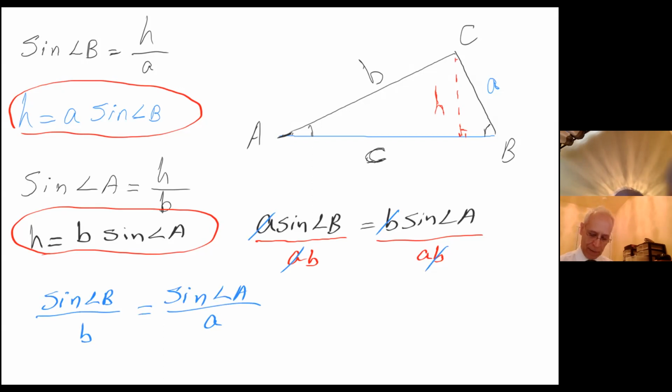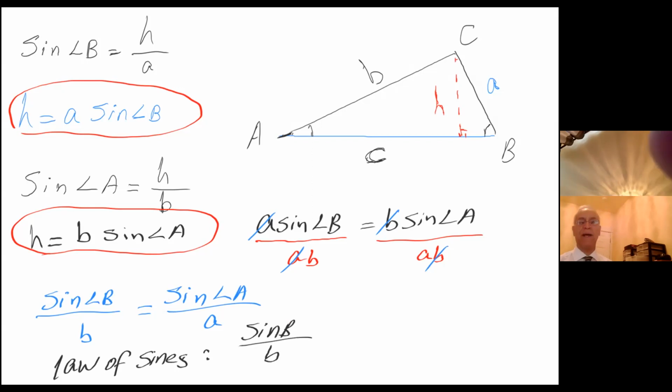So, the law of sines. Let's write it as sine of B over b. That's how it is in your textbook. We don't have to write the word angle. So sine of B over b, why don't I start with a?